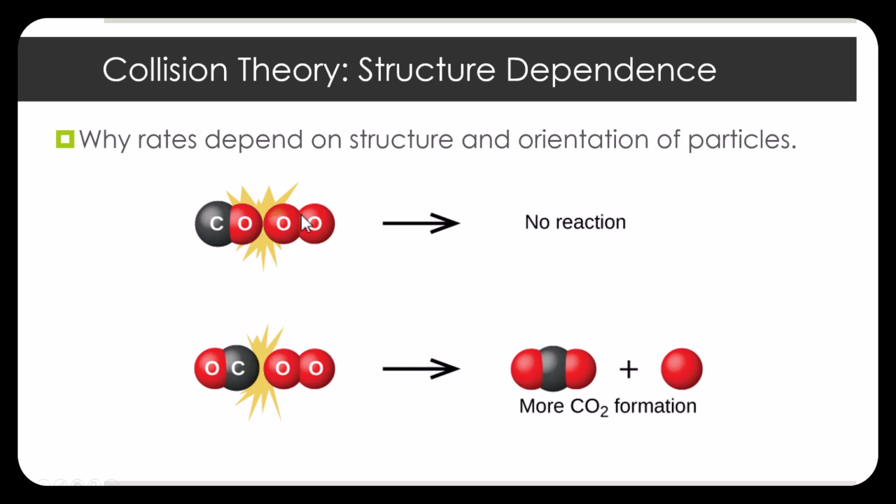Here is the following chemical reaction: carbon monoxide reacts with oxygen, O2, to produce carbon dioxide and then just an oxygen atom by itself.